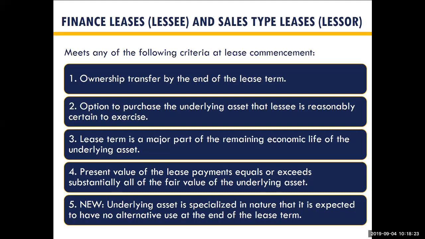The last item is new, and it is that the asset is very specific with no alternative use. I see this a lot when people have a very specialized piece of equipment. Sometimes there's a specialized piece of storage equipment.